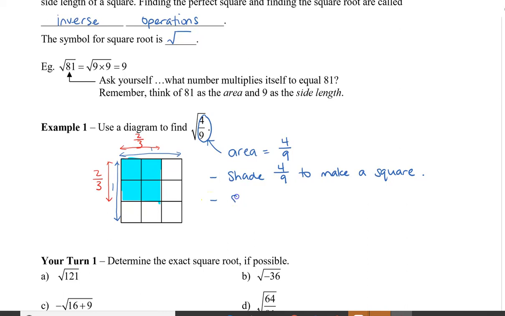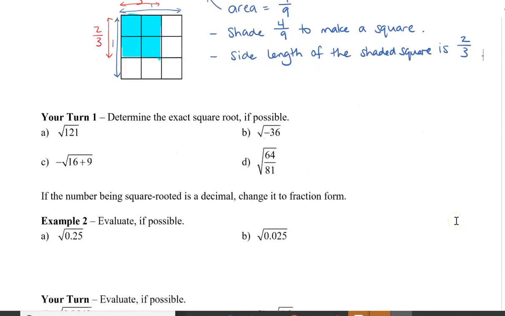And then the side length of the shaded square is 2/3. And that's what makes the square root of 4/9 to be 2/3.